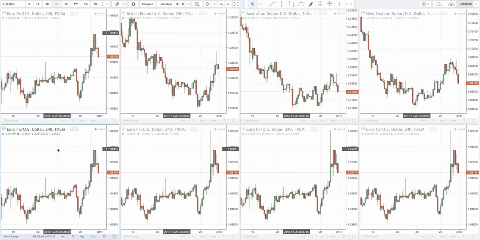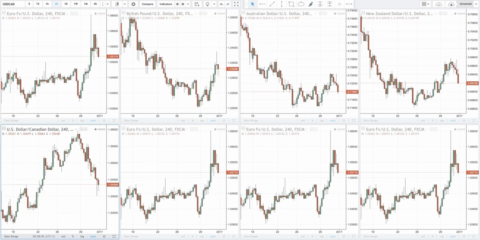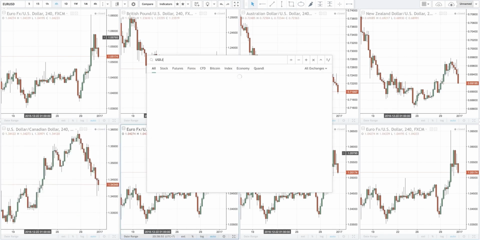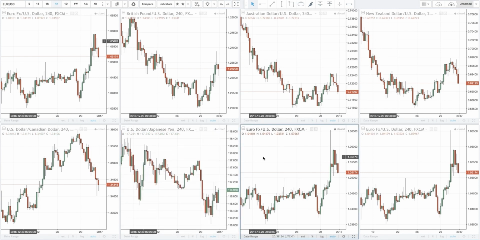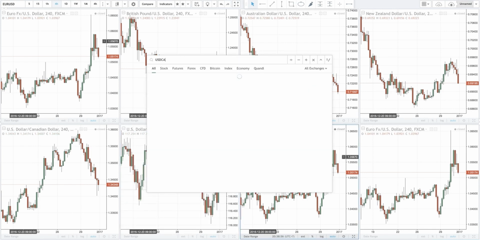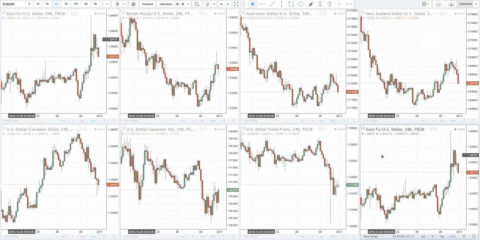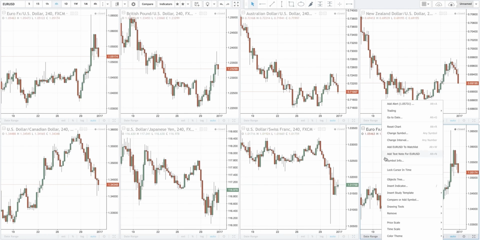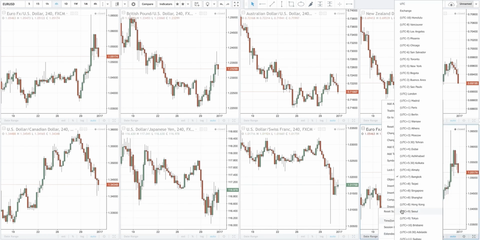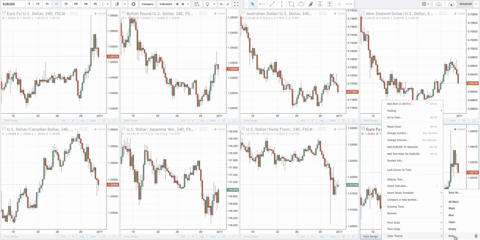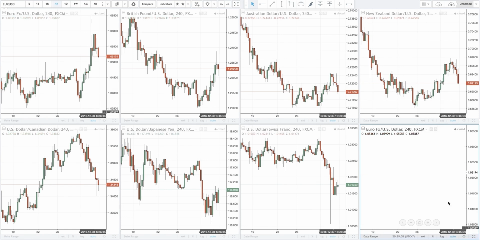So let's say I'm going to put USD CAD here, USD Yen here, and USD Swiss franc here. I don't need that last one because I only have 7 pairs. This is 8 total, so let me get rid of that and make this empty.